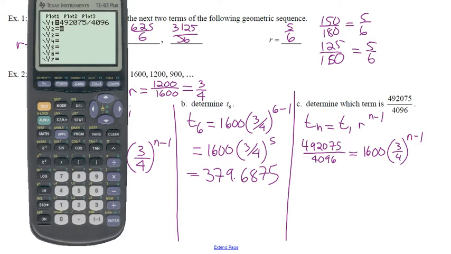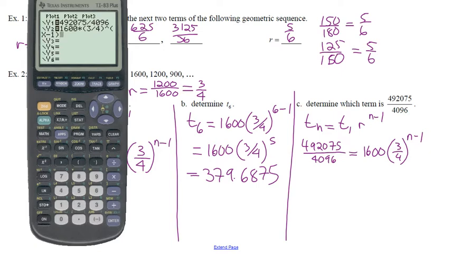And y2, I'm going to type this in as 1600 times bracket 3 divided by 4 bracket, to the power of, and now I got to put this in brackets, x minus 1. And that all has to be in brackets. Okay? So the left side, 492075 over 4096. The right side, 1600 times 3/4 to the n minus 1.